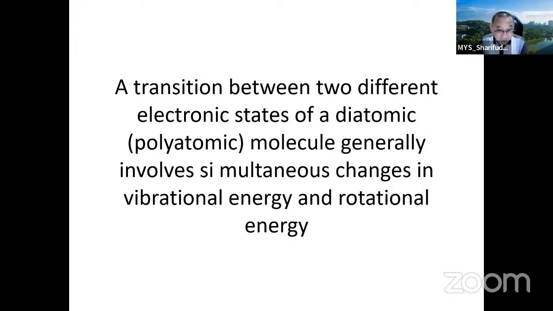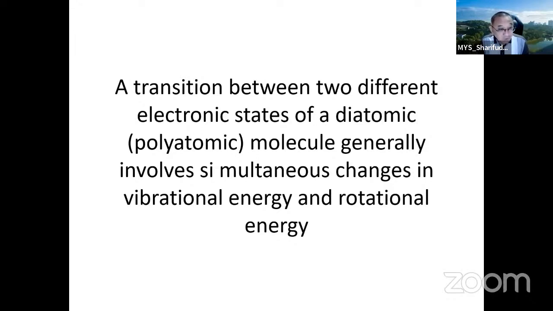It's a hypersurface rather than a potential surface, so you won't get a good picture if you try to understand the Franck-Condon principle pictorially. But for a diatomic molecule, yes, because there's only one changing variable, which is R.